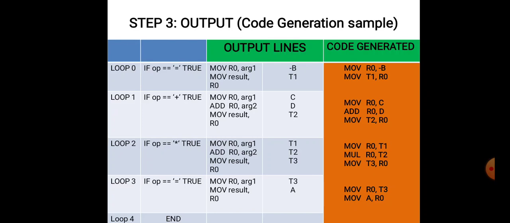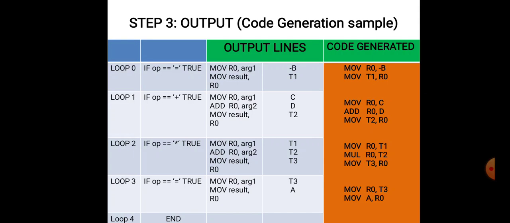So accordingly the substitution is done and we get the final code generated for the first loop, that is move R0 comma minus b, move T1 comma R0. So this is what we get as output when the operator equals the assignment operator. This is for the first sub expression.